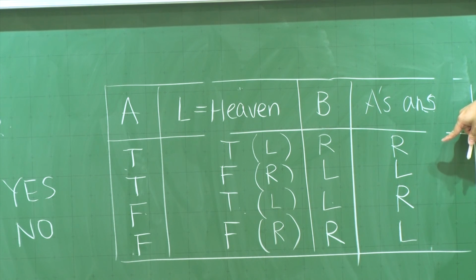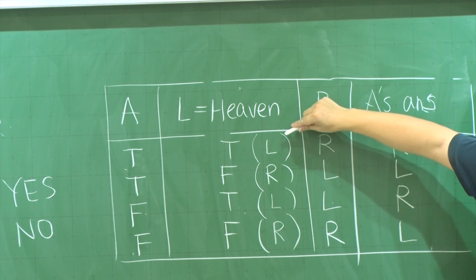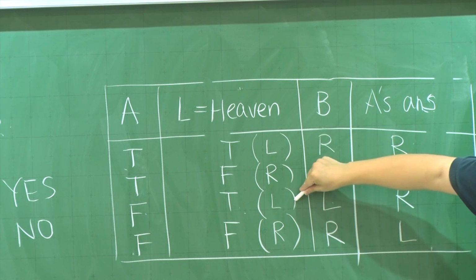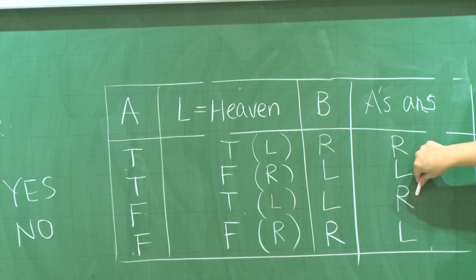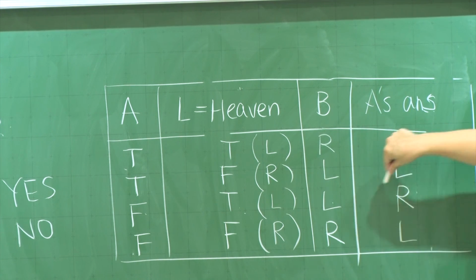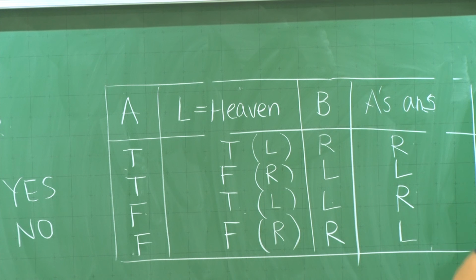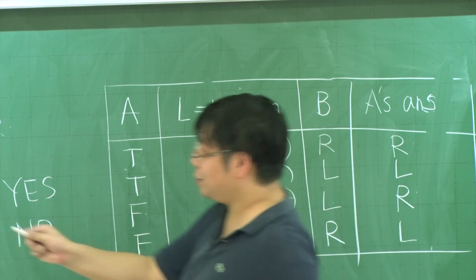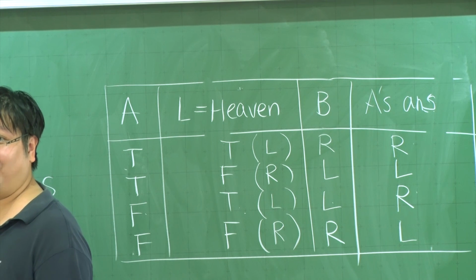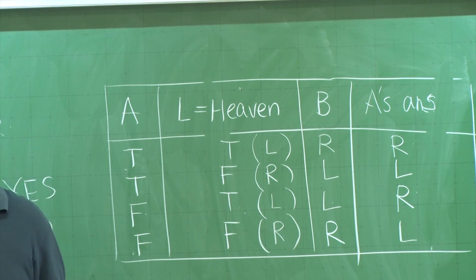This is why the question you are asking A is helpful, because whenever L is heaven, A will answer right, and whenever right is heaven, A will answer left. So this is useful. If A tells you the answer is this side, you go that side. If A tells you the answer is that side, you go this side.